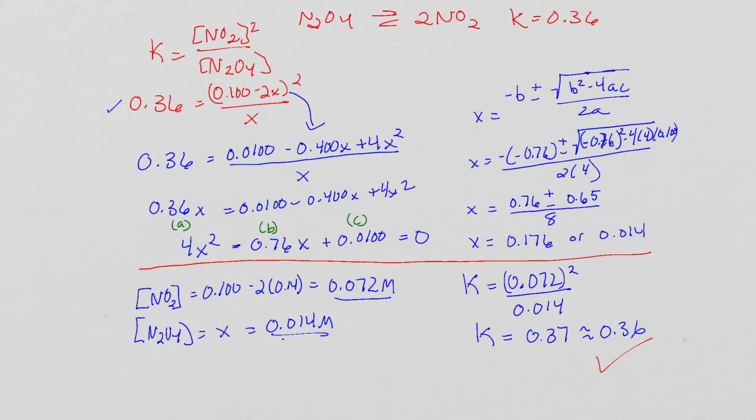We do all of our cross multiplications, and we end up with something that looks like this, all divided by X. Now we can get rid of X over here by bringing it over to the left side, so we get 0.36X, or 0.36X, minus this string here.